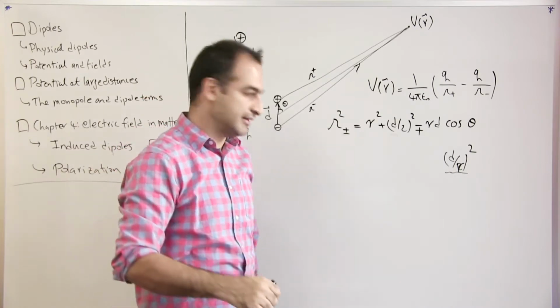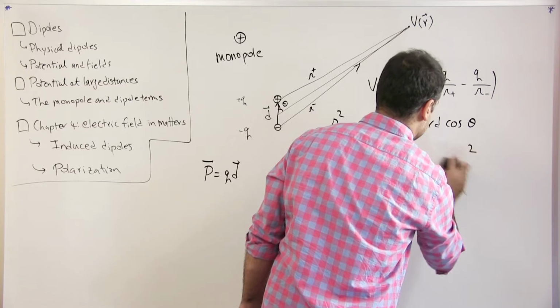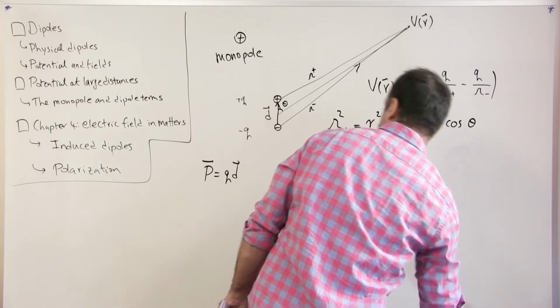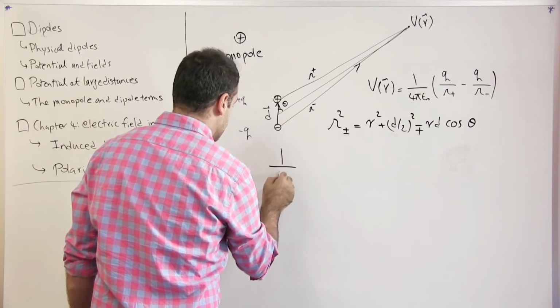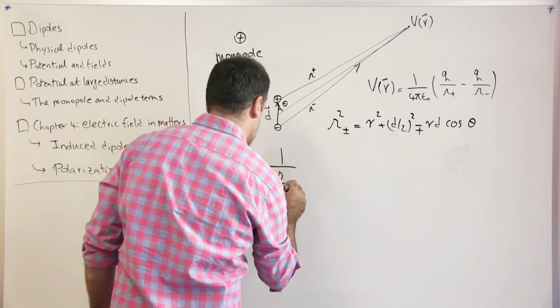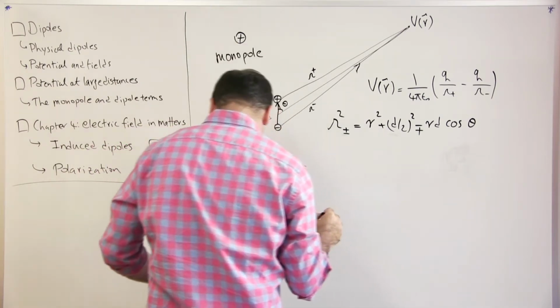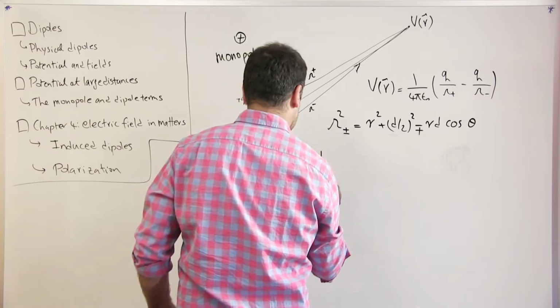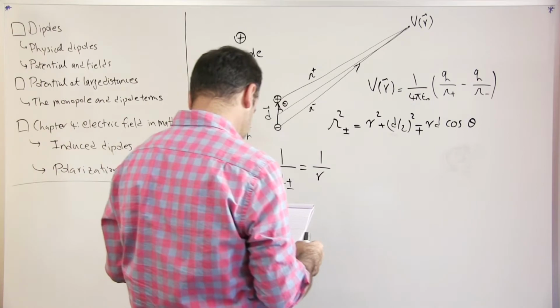Okay, so that's the approximation I want to do. So if we look at 1 over R plus or minus, this is going to be equal to 1 over R, so I'm taking R out of this.